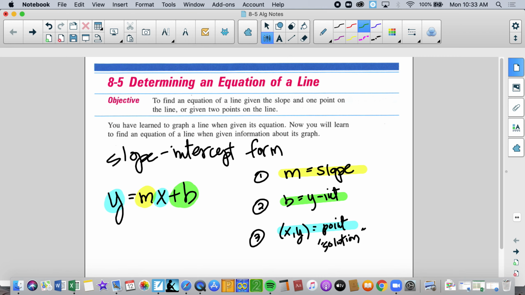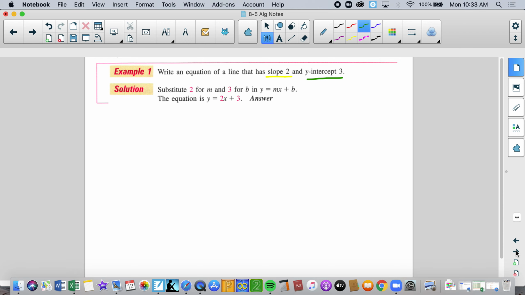So we go back to our template. Our template is y equals mx plus b. They gave me the slope and the y-intercept. So now I'm going to rewrite this equation with that information. The slope is 2 and the y-intercept is 3.